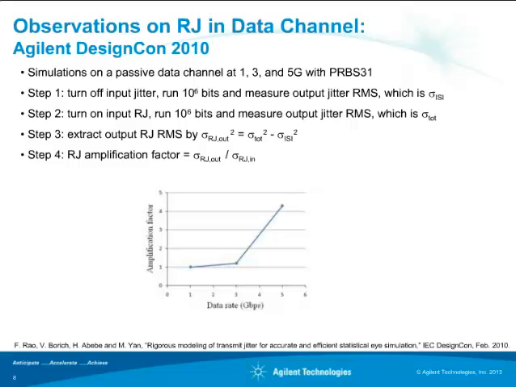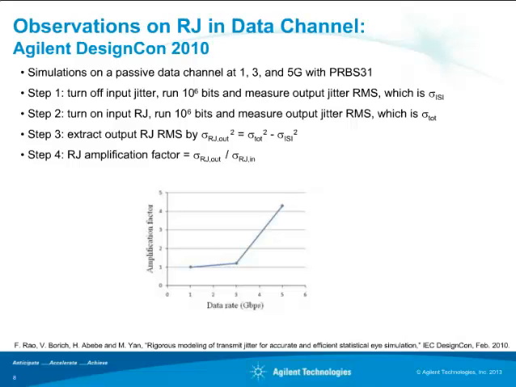Then the input RJ is turned on, the simulation is repeated, and the jitter RMS is measured again at the channel output. That gives the total jitter RMS.